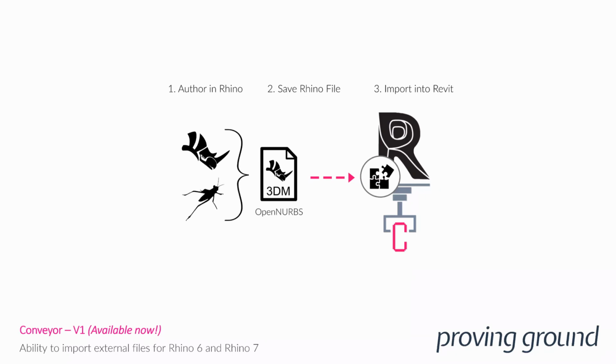At a certain point, you know that you're going to be migrating that information into Revit. What we're exploiting with Conveyor is the availability of the Rhino 3DM file format, OpenNURBS, which itself is open source. One can write and create translators with OpenNURBS, and Conveyor is one such translator.